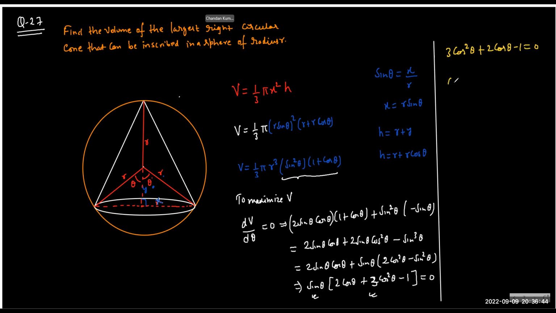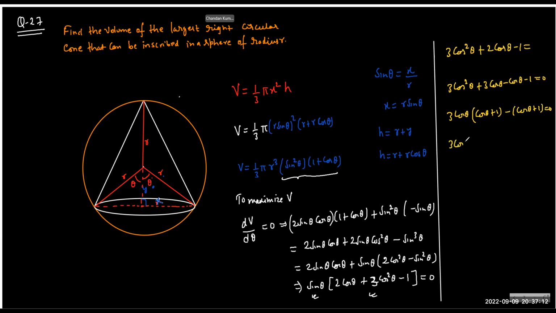So cos theta will be how much? You can write it as 3 cos theta minus cos theta, this is easy. So I can take 3 cos theta common with cos theta plus 1, minus cos theta plus 1.